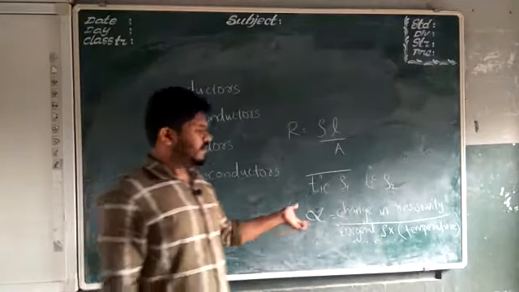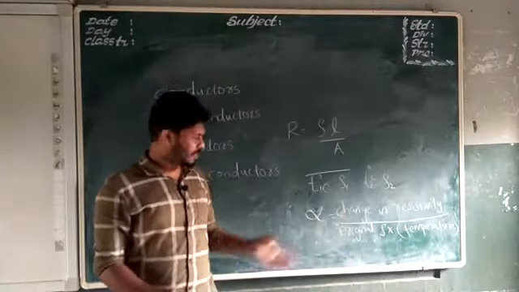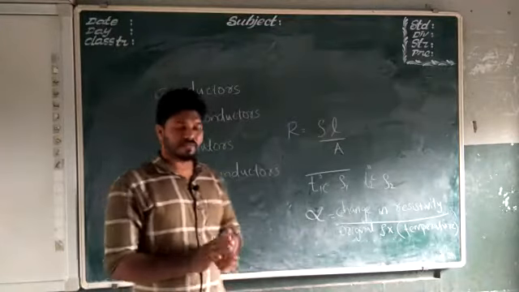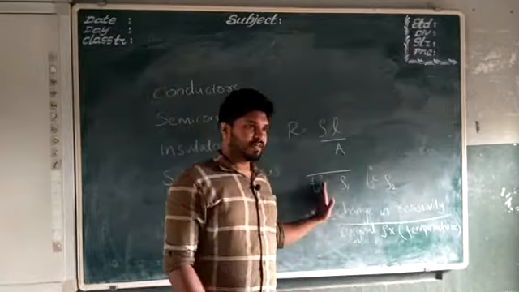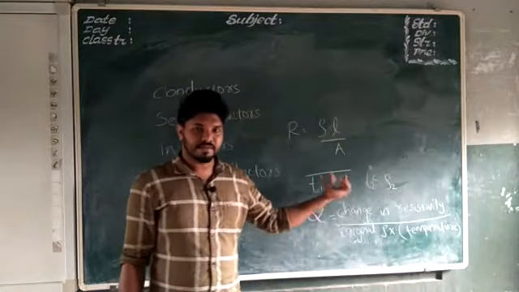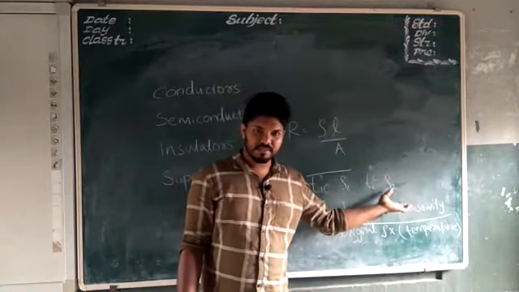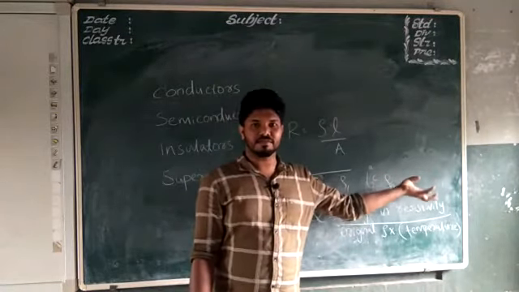What is the definition of alpha? You may be getting confused. Don't worry. Just understand that if you have a conductor with resistivity rho 1, after some time, if the temperature changes, there will be a change in the resistivity also.